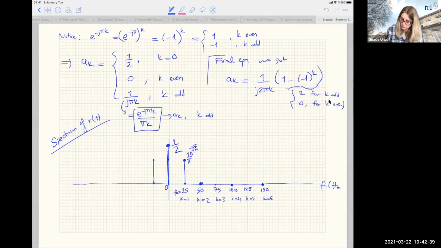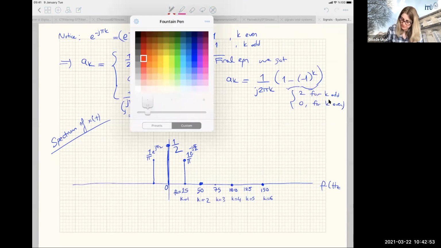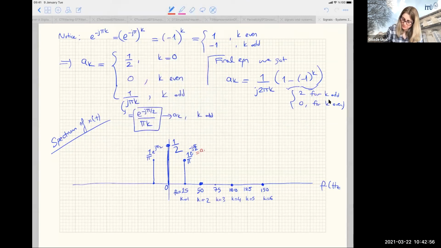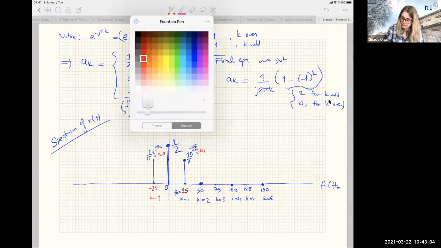Also, you can do it from the math: insert k equals -1, that's going to bring you to the same coefficient, a -1. So these are really, by the way, a1 and a -1. And this is important, f0, and this is k equals -1. The same thing on the left-hand side.